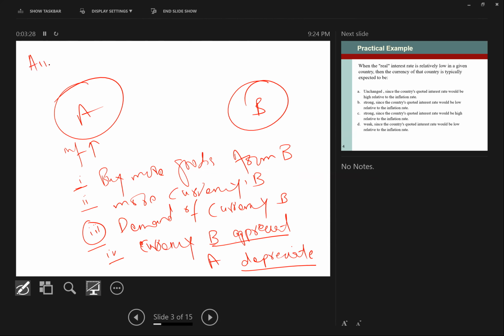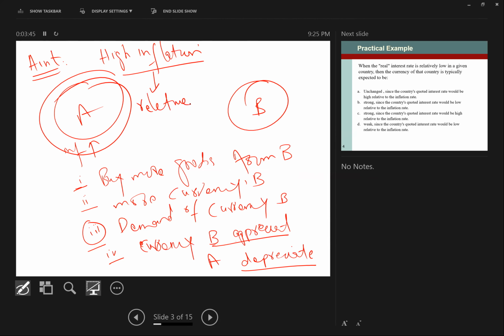So we can have the hint: the country that experiences high inflation, and by high inflation I mean relative high inflation, its currency depreciates. If country A's currency is going to depreciate, then the other country's currency is going to appreciate.